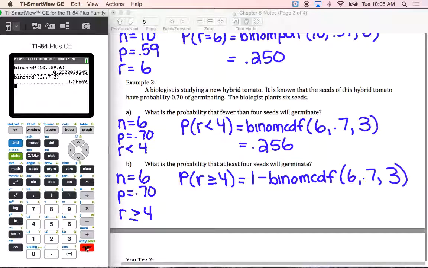I don't want 3 seeds, 2 seeds, 1 seed, or 0 seeds. So I got to get rid of all those binomial probabilities so we can only find 4 and above. So when you type this in, you must type 1 minus first. And then we're going to do our second vars. We're going to go down to binomial CDF.